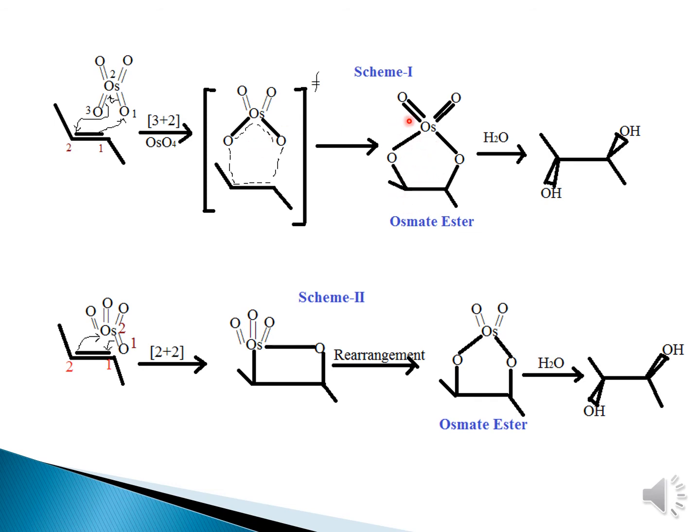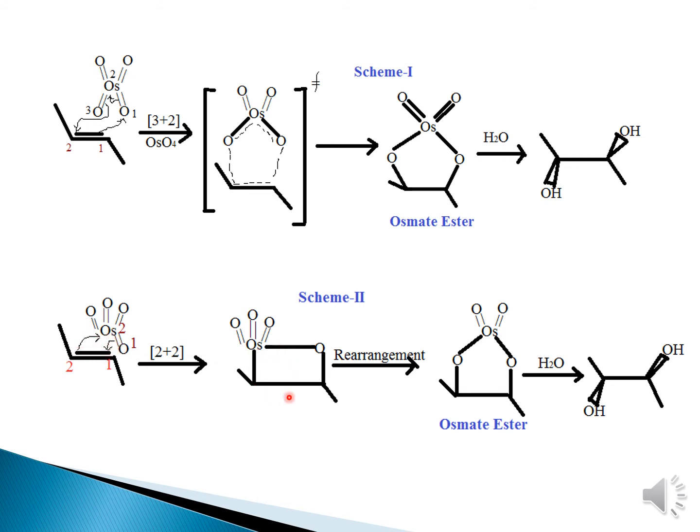Okay, after the formation of an osmate ester, upon hydrolysis you will result in the trans diols. You are taking the trans alkene, you are ending up with the trans diols. And then here if you will see, again upon addition with the 2+2 cycloaddition reaction, and this is your position 1 and then 2, right? So here this goes and attacks towards here, and then this will come and bind here.